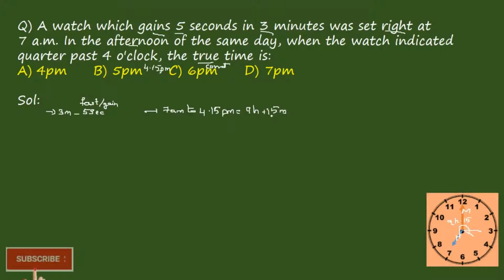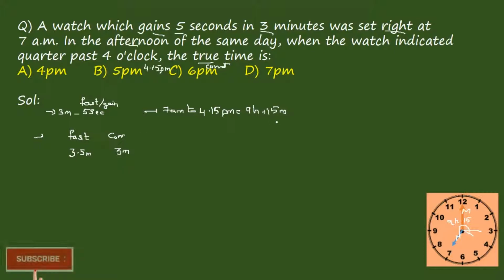But the condition is that the watch is fast by 5 seconds every 3 minutes. So what we do is simply write what is fast and what is correct. It is saying that 3.5 minutes is in a fast clock, but the correct one is only 3 minutes. From here you can write that 3.5 minutes is the fast one and the correct clock is 3 minutes.